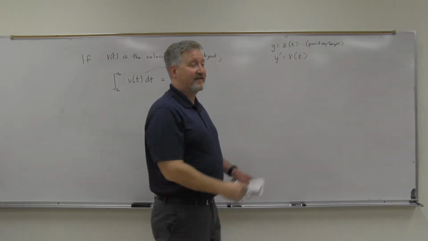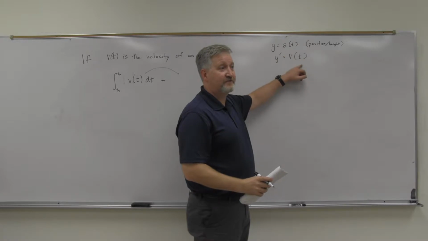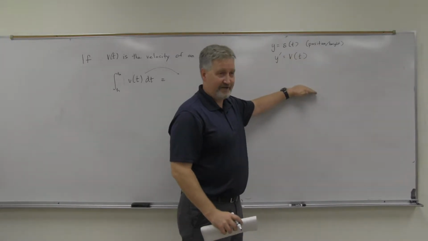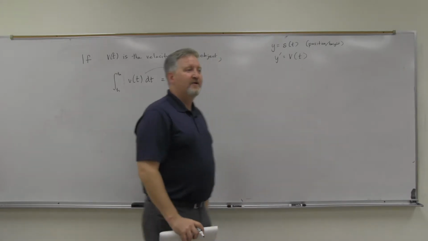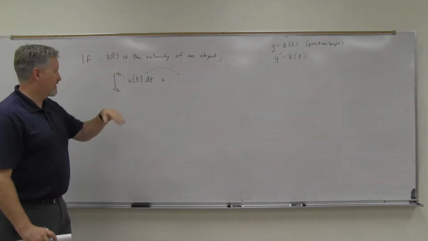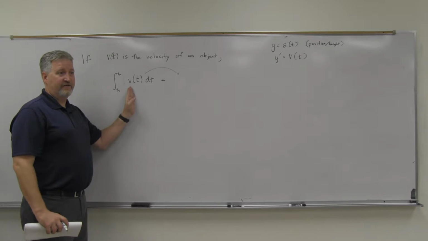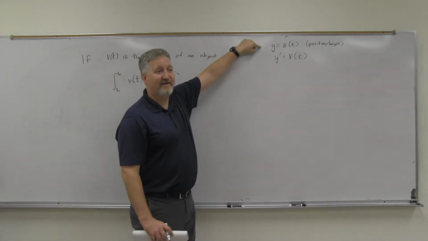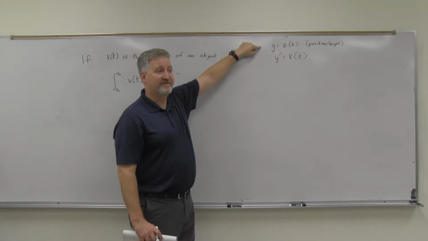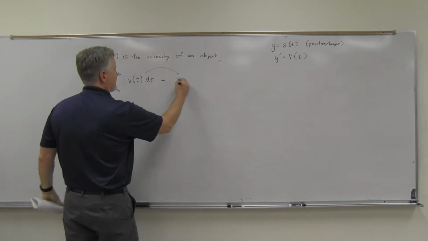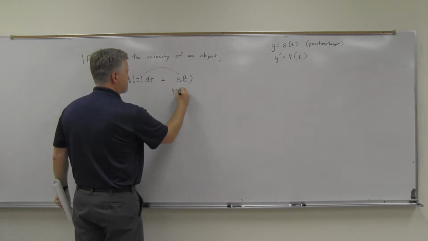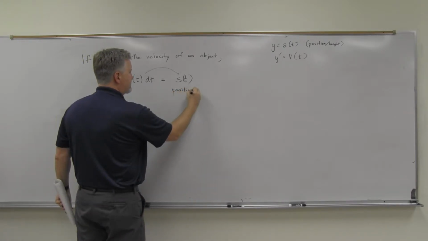Take the derivative of your position, that gives you your velocity. And take the derivative of that, that gives you the acceleration. Remember doing that? Well, here we're going just the opposite. We're taking the integral of v of t, so this is going the other way, right? It gives me the position function.